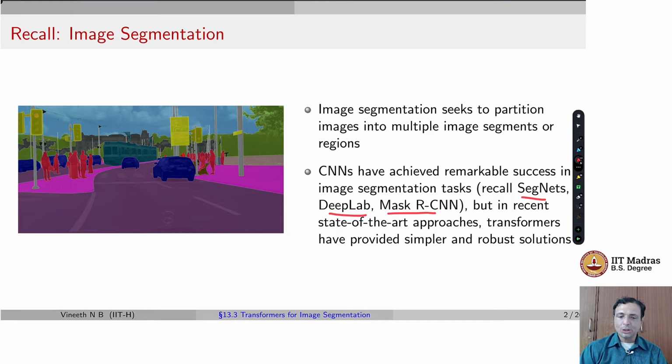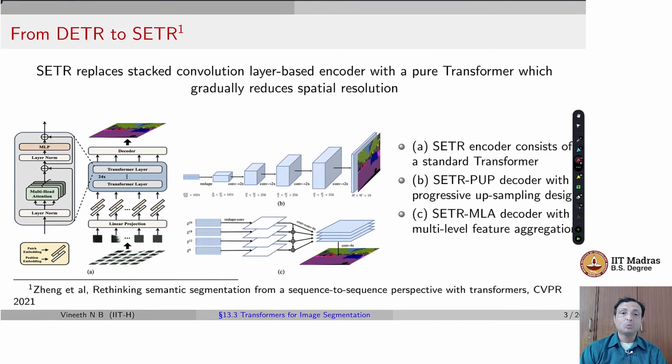In the previous lecture, we spoke about object detection and the DETR framework for object detection. A natural follow-up to ask is, can we go from end-to-end object detection to end-to-end semantic segmentation, which led to one of the earliest papers on transformer-based visual segmentation called SETR.